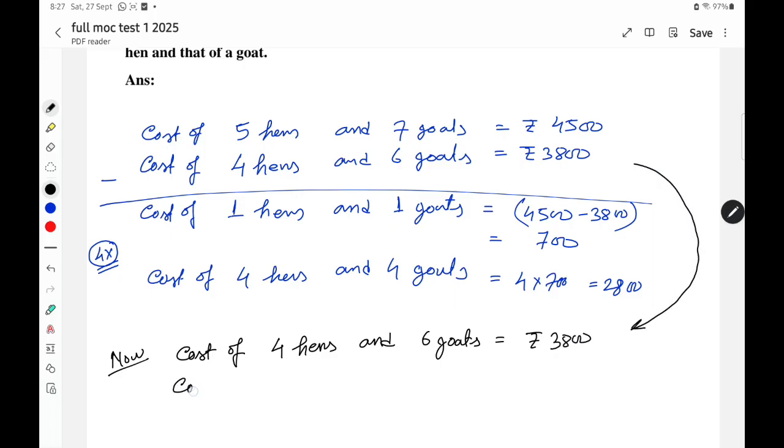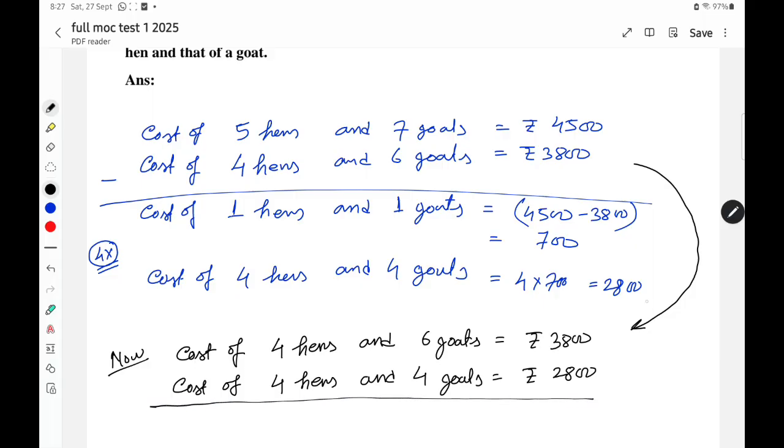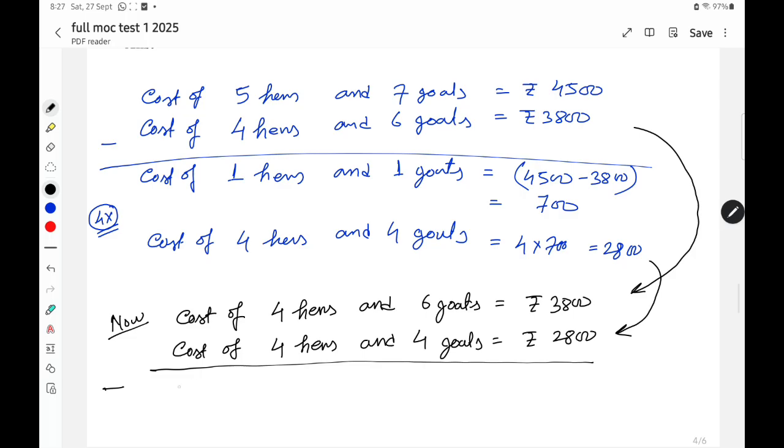And cost of 4 hens and 4 goats equal to rupees 2800. Okay, এটা এখান থেকে পাচ্ছি. So then subtract it. If I subtract it, this will cancel out.